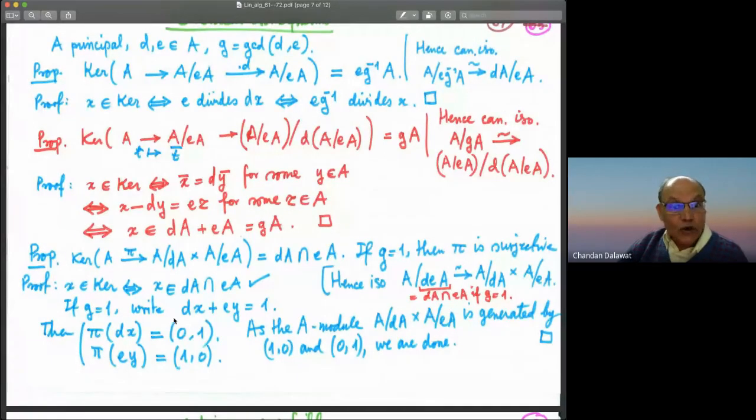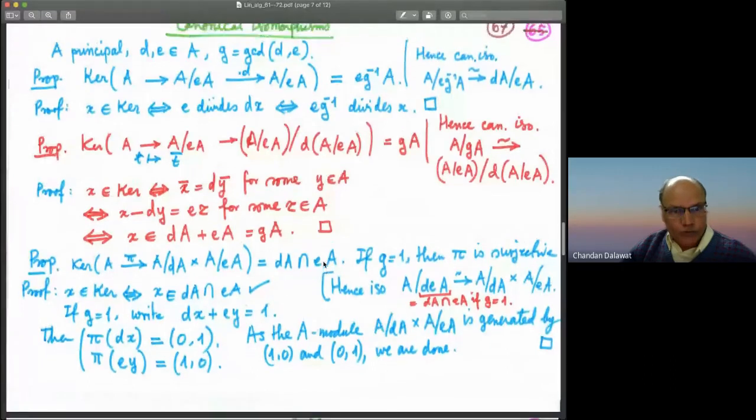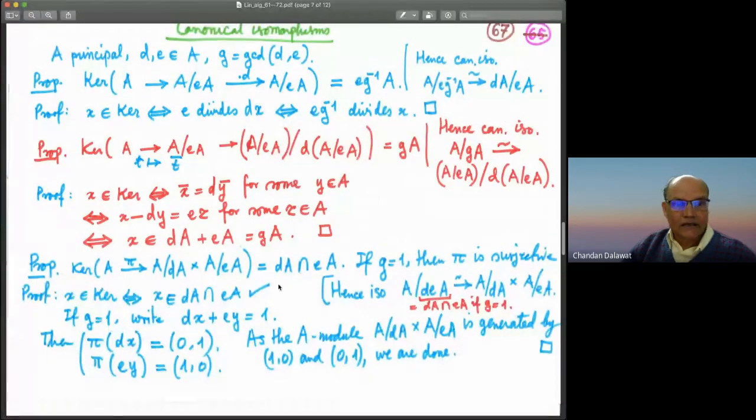And the final thing is this is the analog of the Chinese remainder theorem that you might be familiar with over the ring Z. But this is a result which is true for every principal ring. So that's going to be a consequence of this.